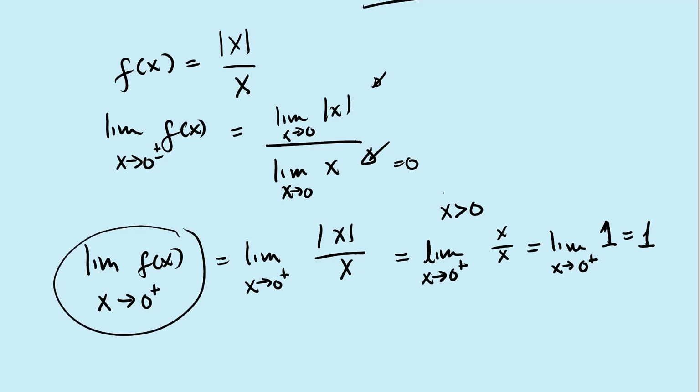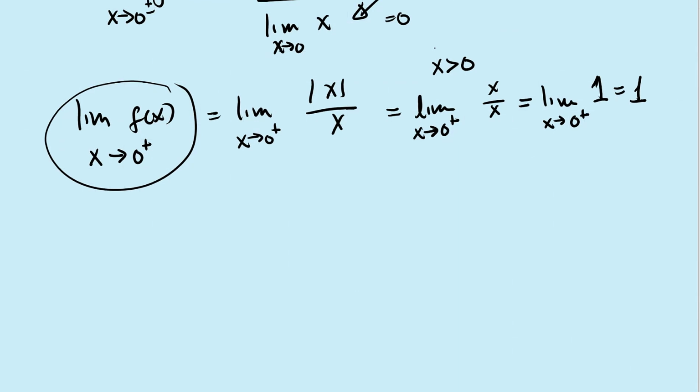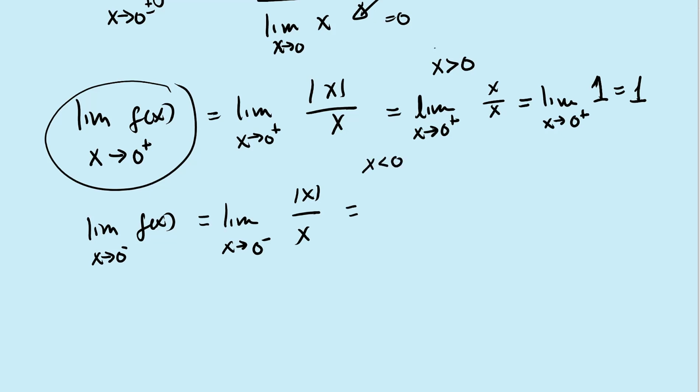Okay. Now, what happens when we look at the limit from below? The limit of f of x as x goes to 0 from below equals the limit as x goes to 0 from below of absolute value of x divided by x. Okay, now in this case, we're looking at x's that are less than 0. So our absolute value should take on the opposite sign of x. And so we have the limit as x goes to 0 from below of negative x divided by x.